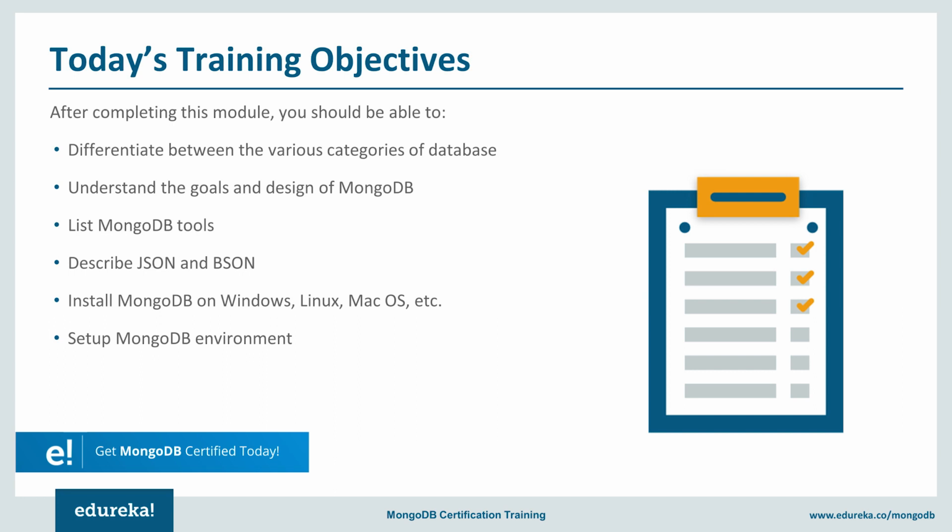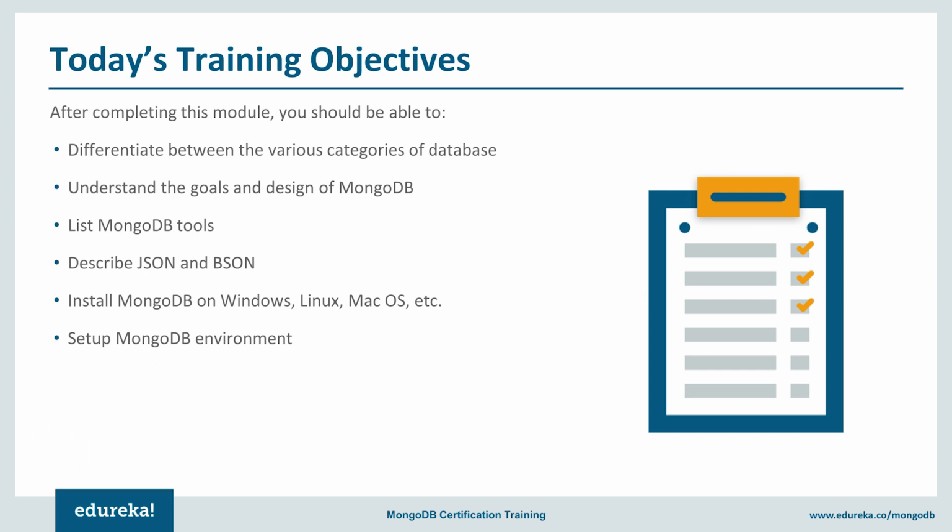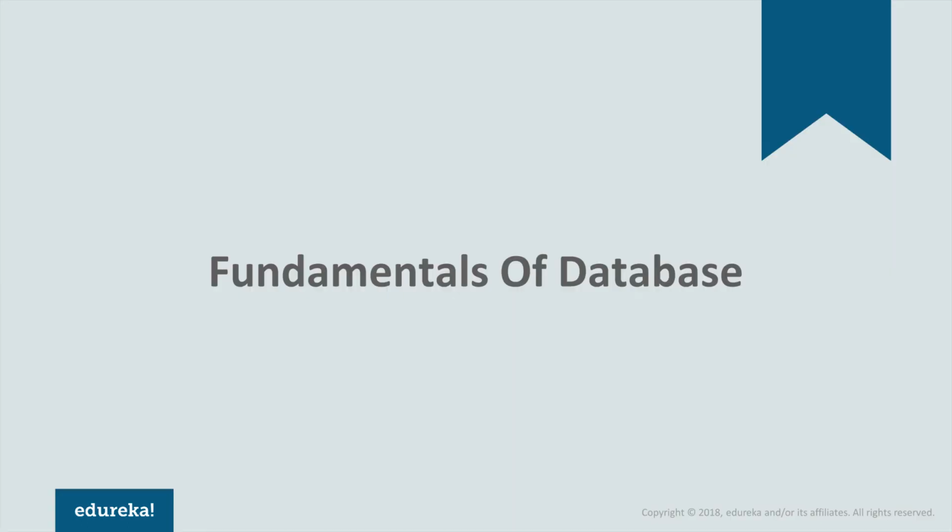And then understand the basic need for Mongo and the design of Mongo in itself. List the various set of tools that Mongo has, how to do the installation of Mongo on various environments, setting up a MongoDB environment on a specific OS. What is the possible difference between a JSON and a BSON?